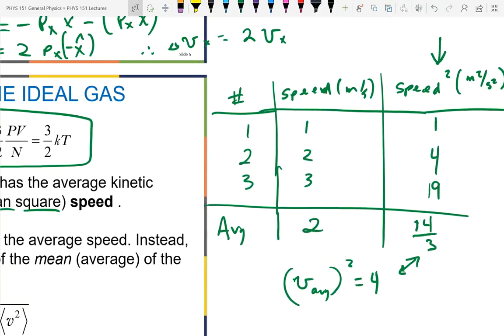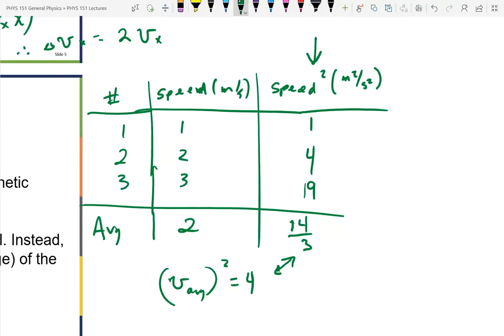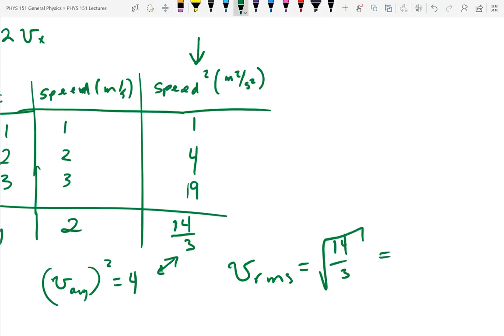So you do the last thing first, you square them all. Then you do the middle thing, you take the average, the mean. And then the last thing to do is to square root it. So v RMS here would be equal to the square root of 14 over 3. What is the square root of 14 over 3? I'll race you. I'm sure I'll lose.